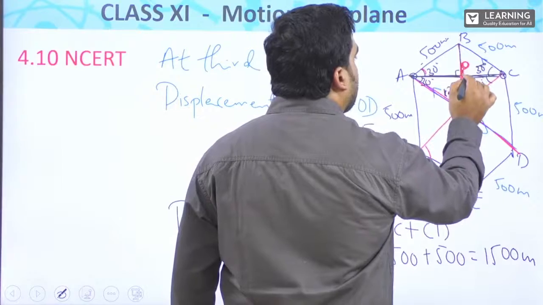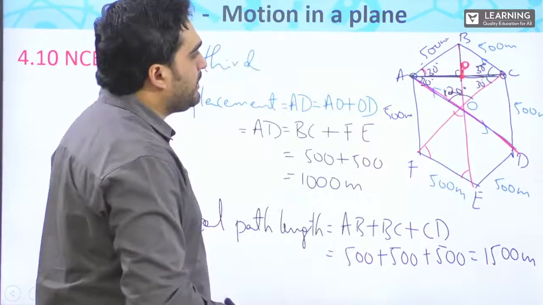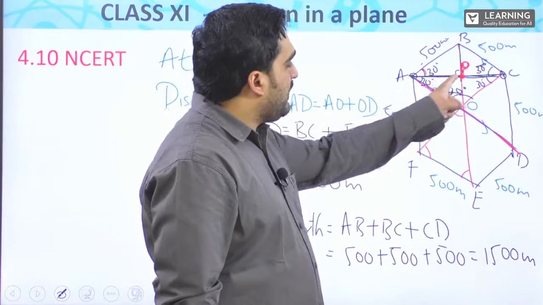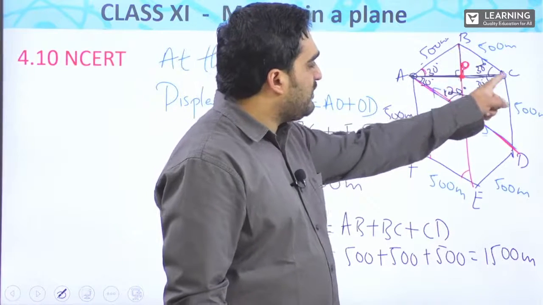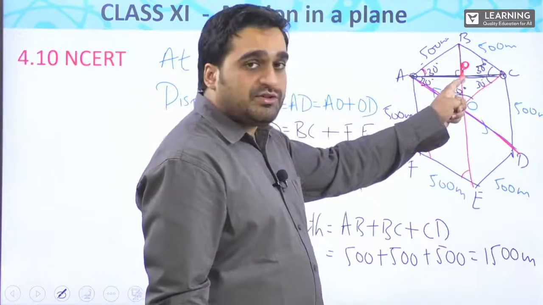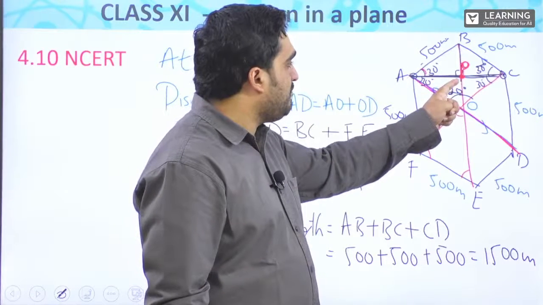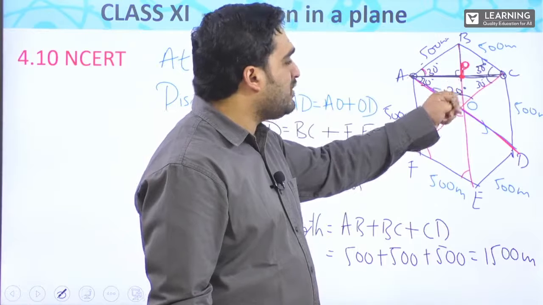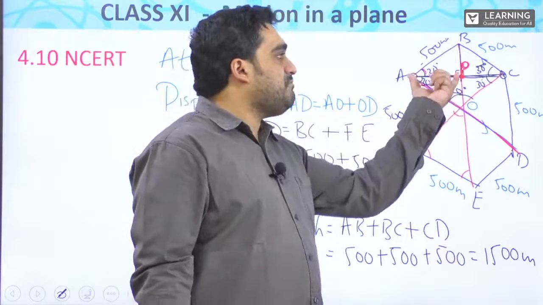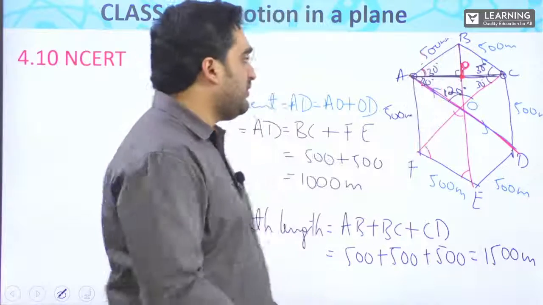Okay, this point here is P. So first I need to find the length of AP and then the length of PC. To find the length of AP, I will use the trigonometry ratio cos because cos gives base and hypotenuse.